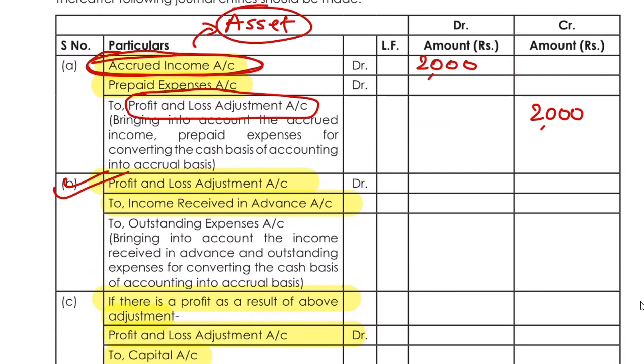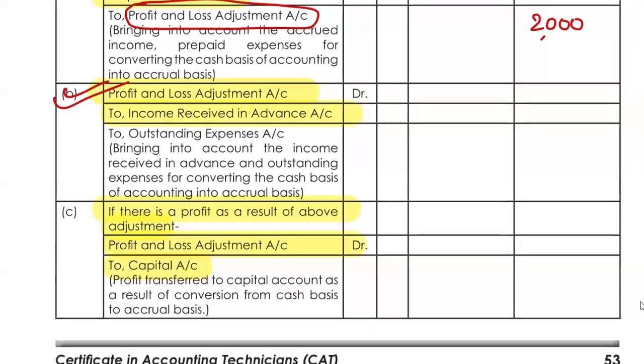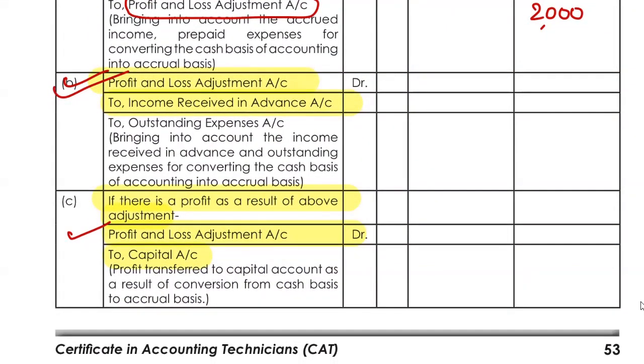The profit and loss adjustment account will shift these 2,000 rupees, this profit, to your capital account.